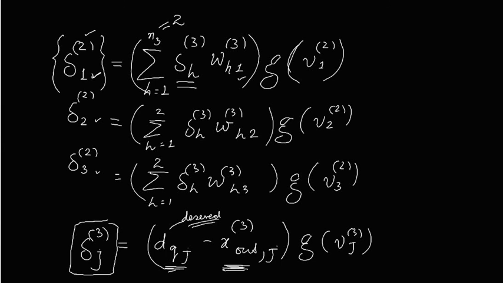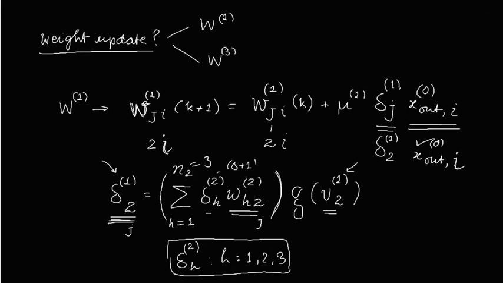Hence we can use these to evaluate changes in weights. Knowing this for superscript 3, we can then evaluate for superscript 2, and once these are known, we can evaluate this using this one with superscript 1, and once these are known, then only W1 can be updated.